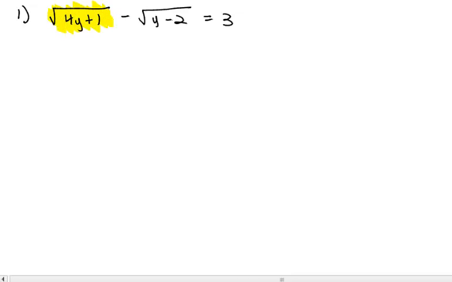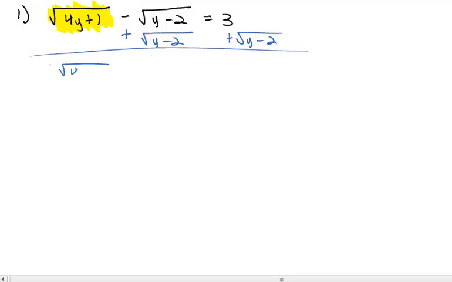So let's get the radical on the left alone, just because it's already positive. We're going to add the square root of y minus 2 to both sides. And this leaves us with the square root of 4y plus 1 equals 3 plus the square root of y minus 2.